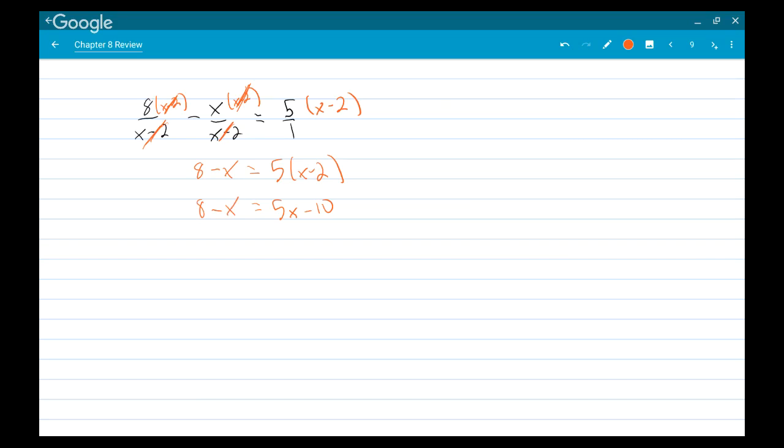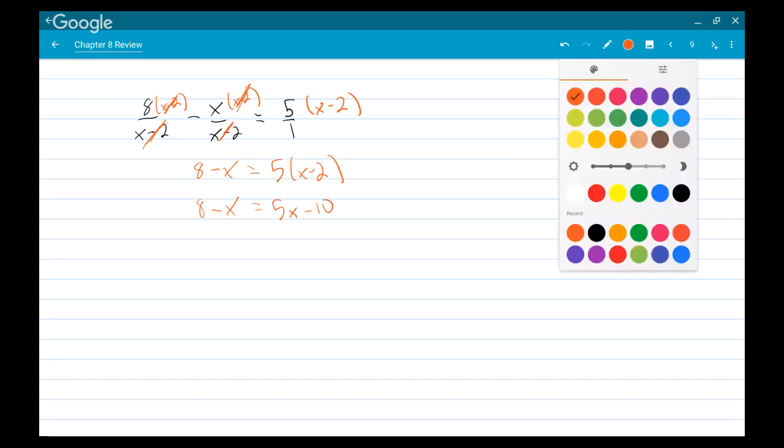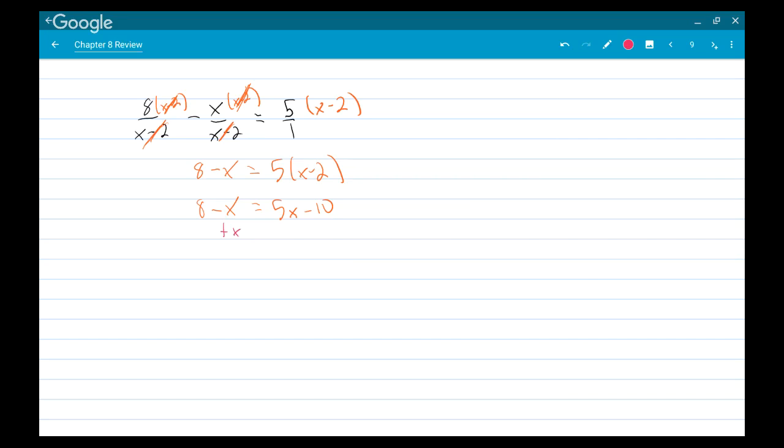All you're trying to do from here is now isolate x, okay? So I'm going to add x over to the other side. I get 8 equals 6x minus 10. Then I'm going to add the 10.